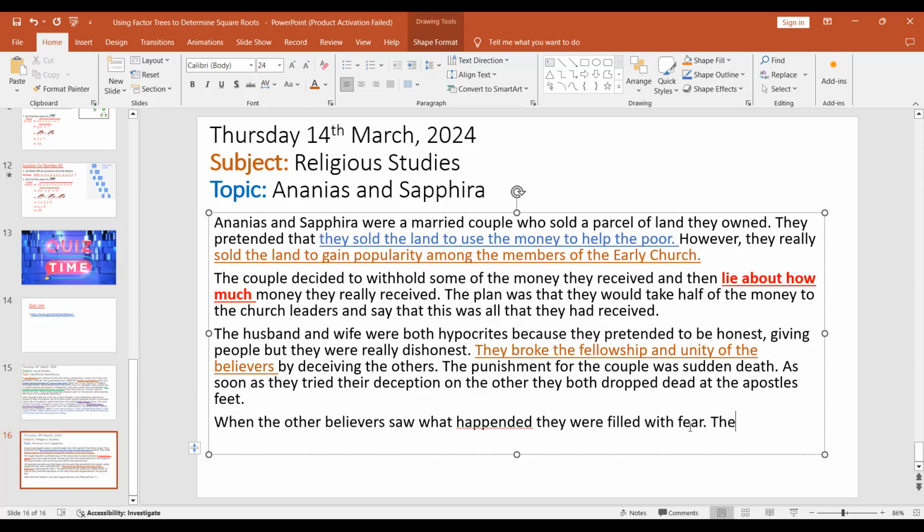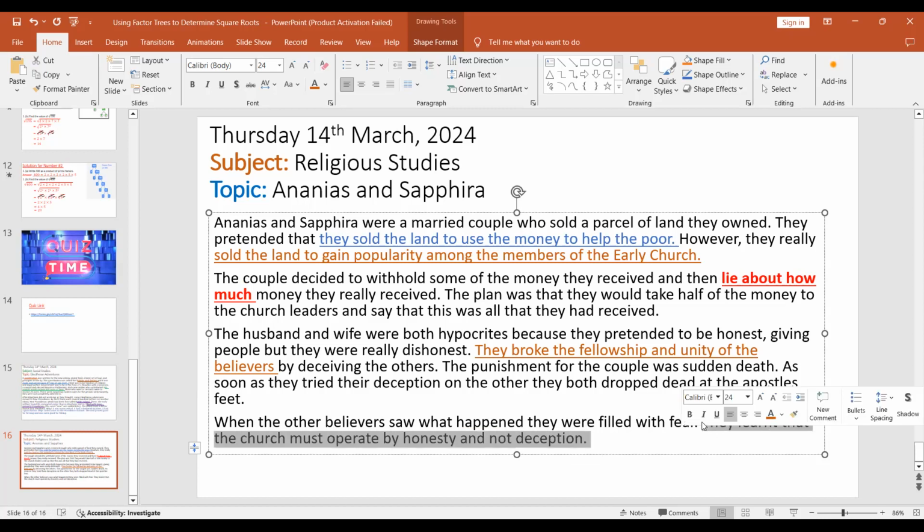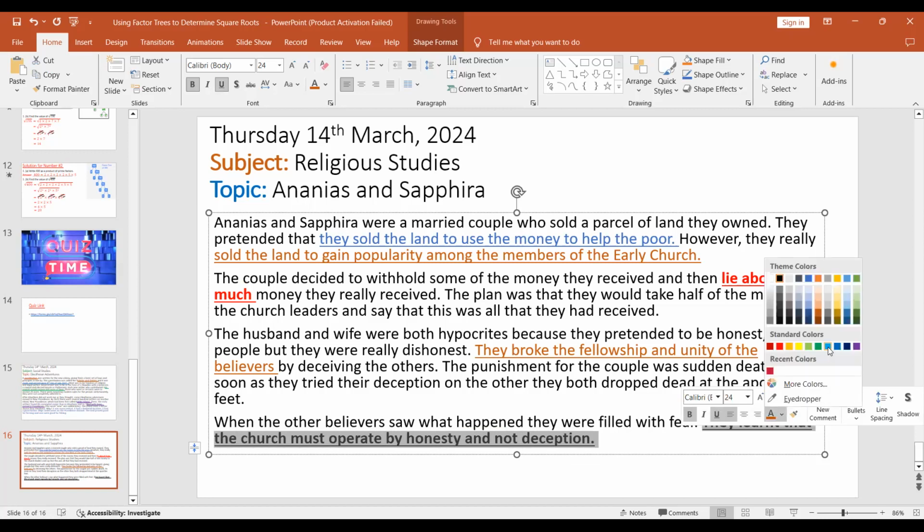They learned that the church must operate by honesty and not deception. By honesty and not deception. Okay.